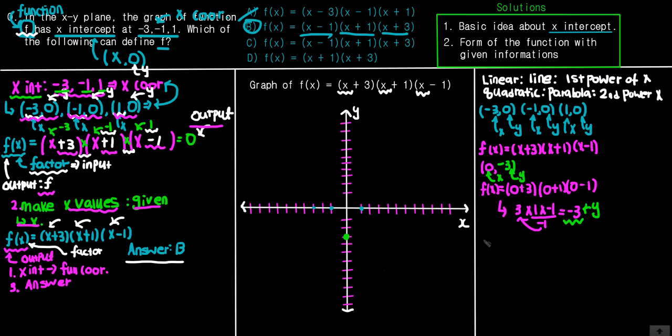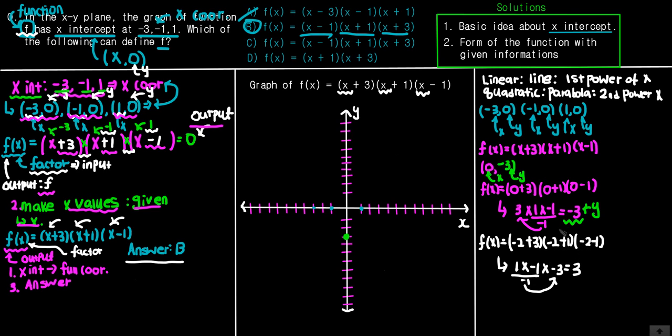If you pick more points to graph, let's think about when the x value is −2. When the x value is −2, f(x) = (−2 + 3)(−2 + 1)(−2 − 1). Negative 2 plus 3 gives us positive 1, then −2 plus 1 gives us −1, and we also multiply by −3, which gives us the output of our function. 1 times −1 is −1, and negative times negative gives us a positive value, and then 1 times 3 is 3.